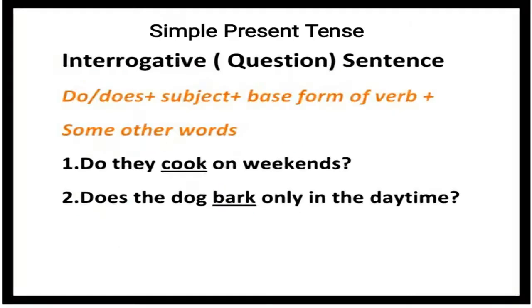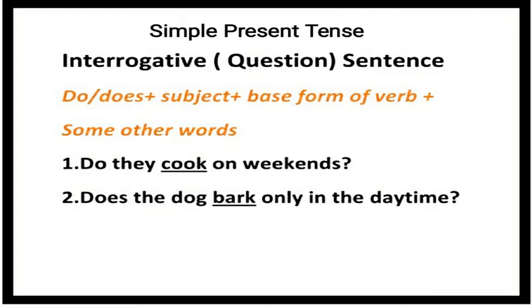We also make a question in the simple present tense using the auxiliary verb do or does. Do is plural, whereas does is singular. Remember, to make an interrogative sentence, we use the formula do or does plus subject plus base form of verb plus some other words.